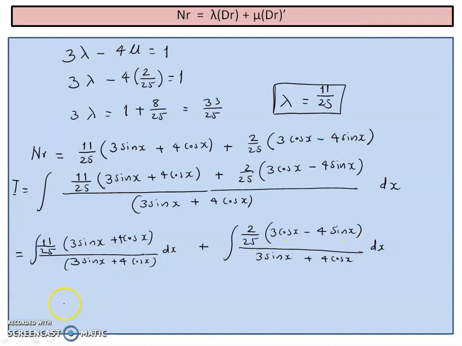अभी देखो कितना सिंपल हो गया. This bracket gets cancelled, and 11 upon 25 comes out.